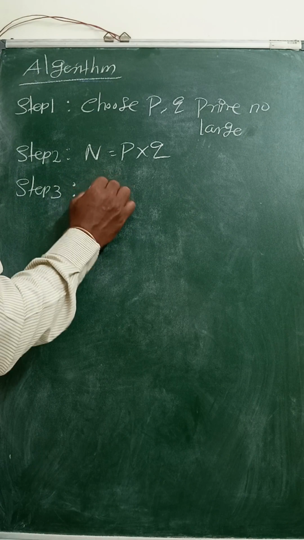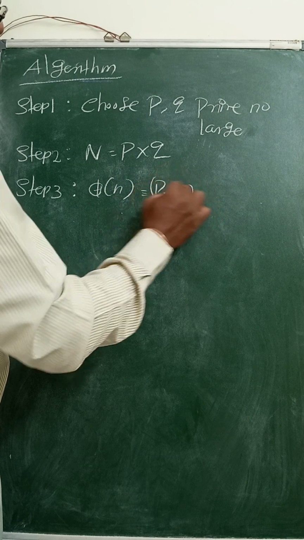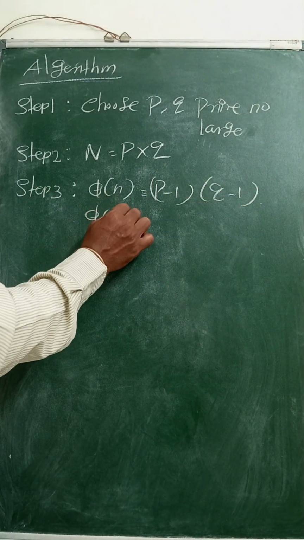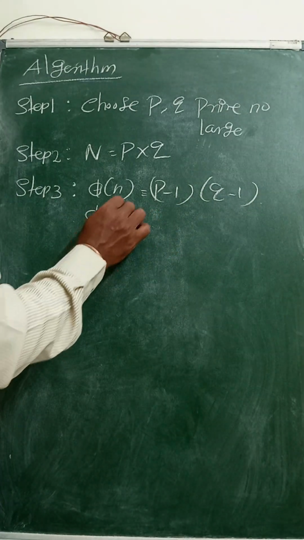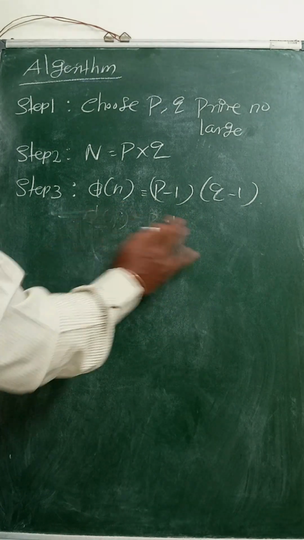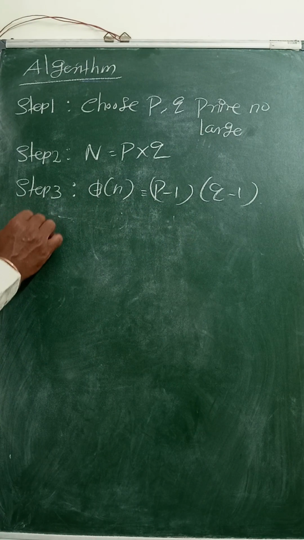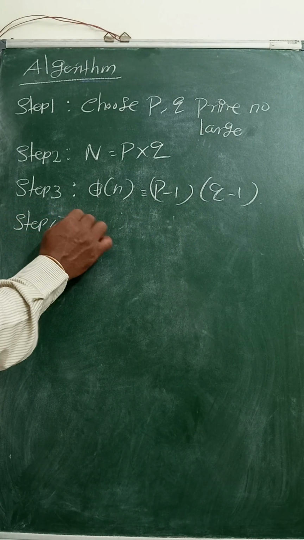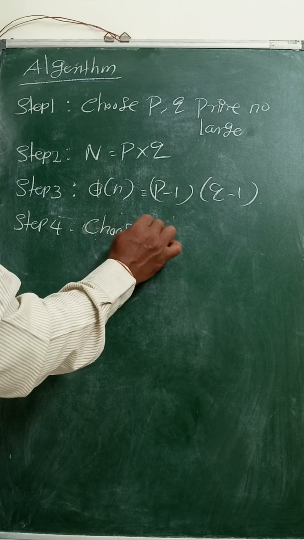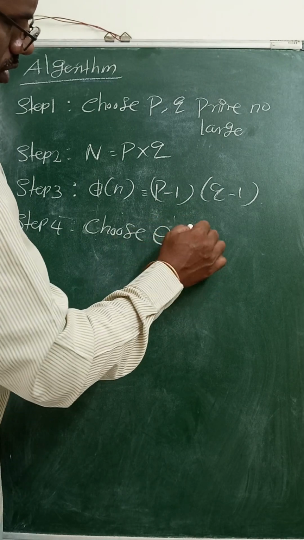Step three: calculate the totient function of n, phi of n. Phi of n equals (p minus 1) into (q minus 1). Step four: select or choose e.